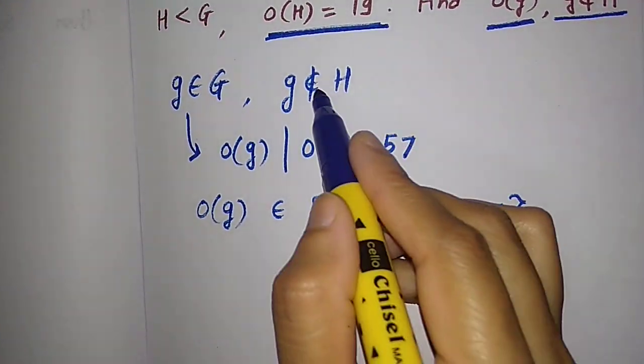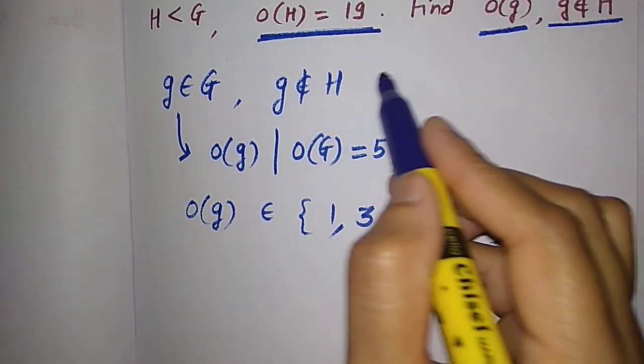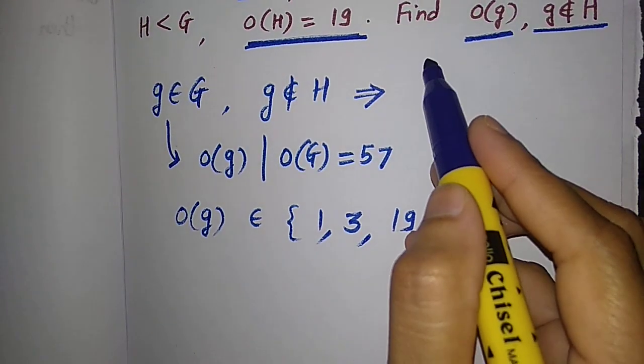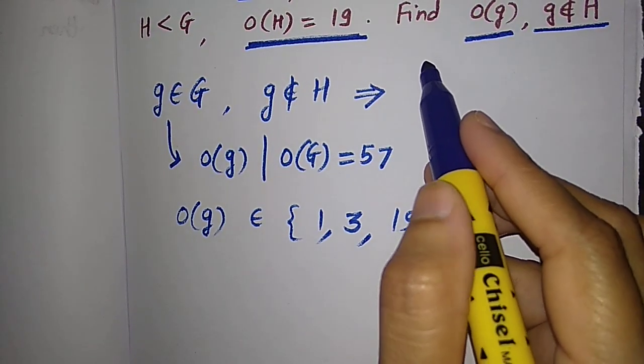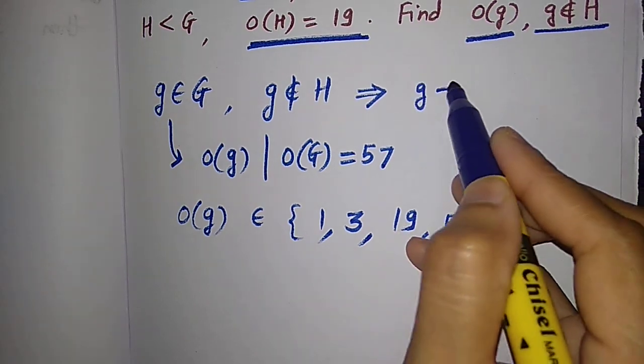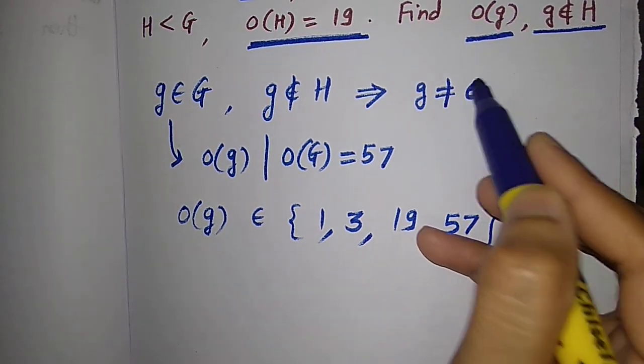Now g does not belong to H. H is a subgroup, so it contains the identity. So g is not equal to identity. Correct.